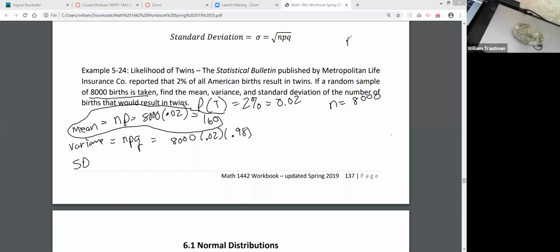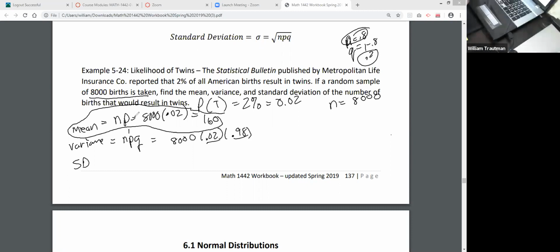Remember, if P is 0.8, then Q is 1 minus that. They have to add up to 1. Do you see 0.02 and 0.98 add up to 1? P is the probability, Q is the opposite of that probability.